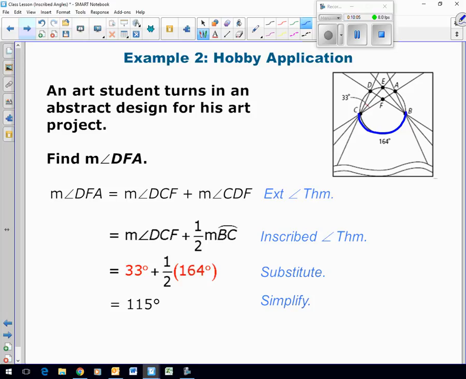CD, BD, CE, BE, CA, BA: all of those angle measurements are going to be 1/2 of 164, right? So if you ask for angle DFA, you're going to end up finding what the arc measurements are that accompany them and go from there. We'll get there later.